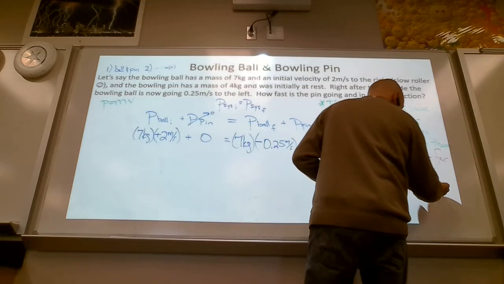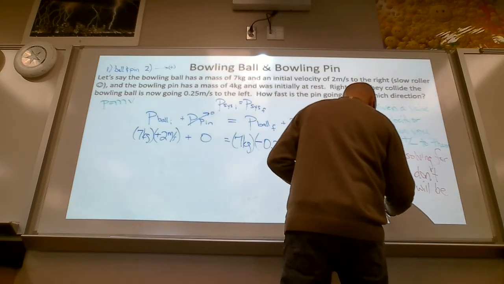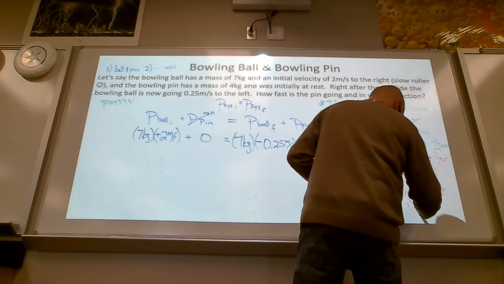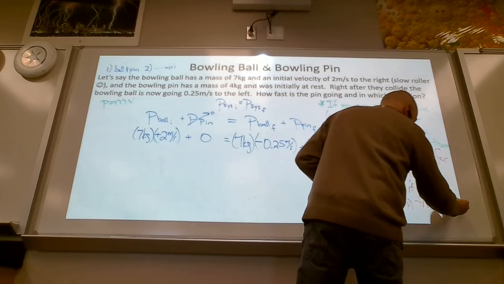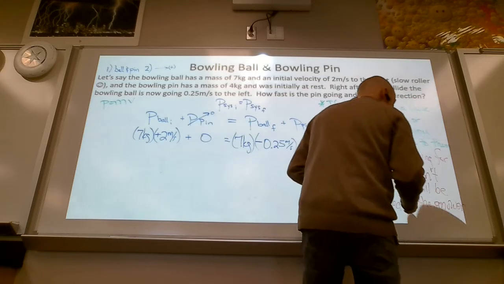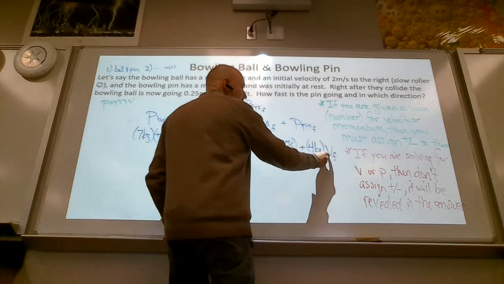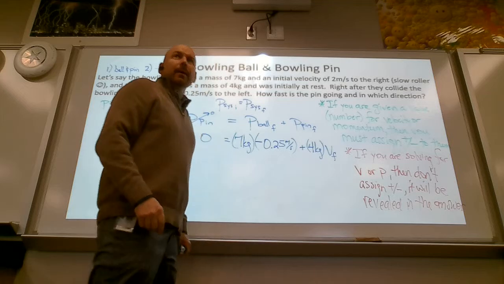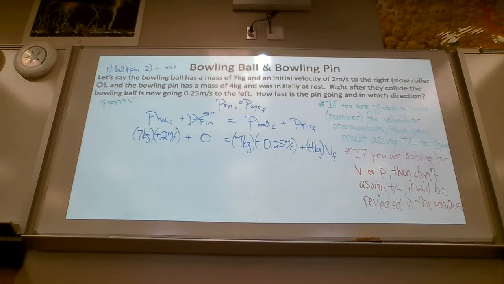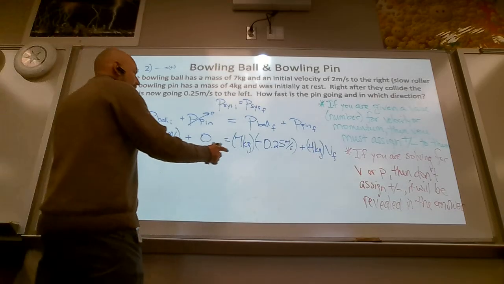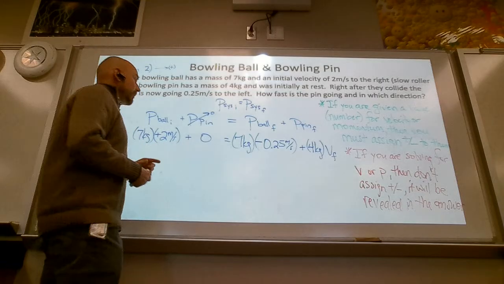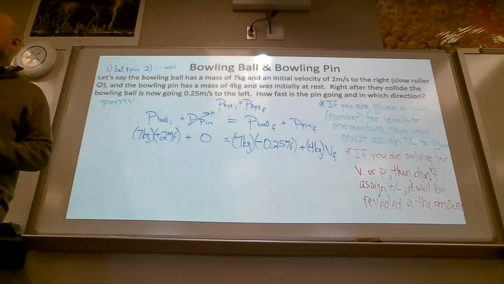It will be revealed in the answer. So right here, this is what I'm solving for. I'm not going to say is that positive or negative. I might have a hunch, I might have a guess, but I'm not going to do anything with that sign because I'm solving. So if you have a value, a number for velocity or momentum, because they're vectors, you must assign a direction. Good?